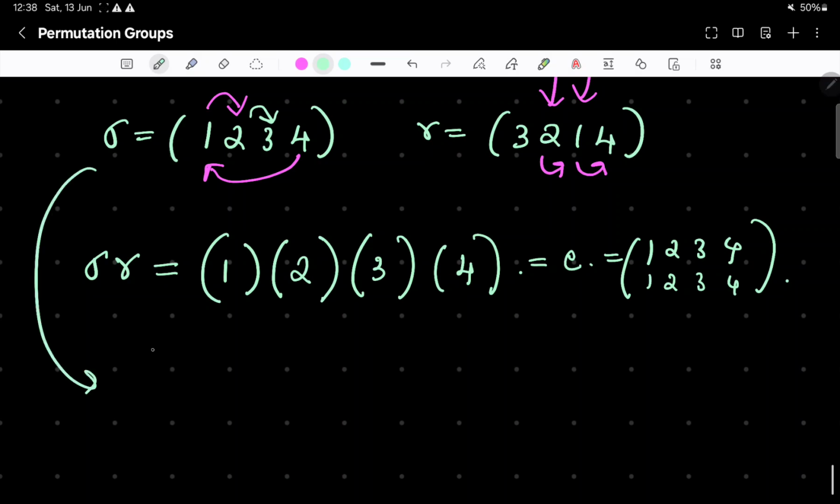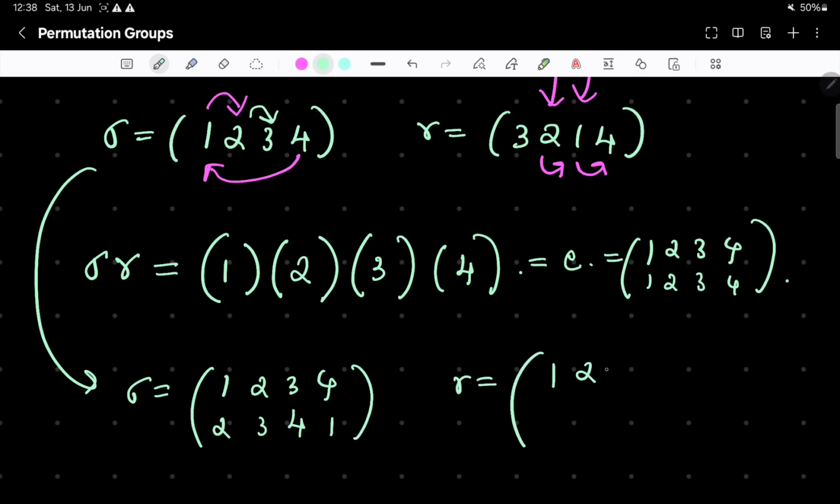You can check this. Who is this guy first of all? Sigma. This is in basic notation: 1 goes to 2, 2 goes to 3, 3 goes to 4, 4 goes to 1, right? Gamma: 1, 3 goes to 2, 1 goes to 4, 4 goes to 3, 2 goes to 1.